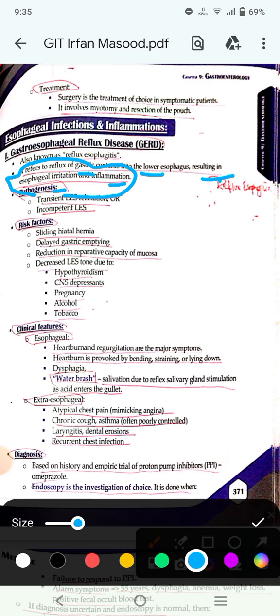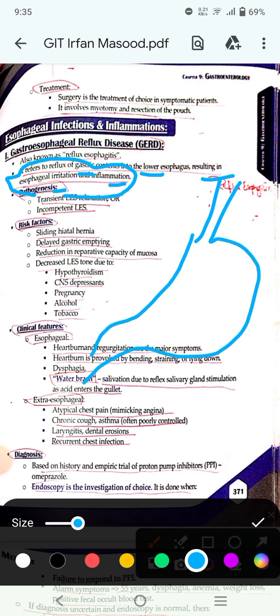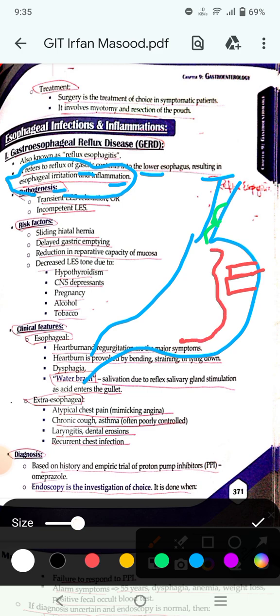Just consider that this is the lower esophagus and this is the stomach of any person. Normally, columnar epithelium is present in the stomach, but in the lower portion of the esophagus there is stratified squamous epithelium. If we talk about the color of the mucosa, it is somewhat reddish or brownish in the stomach, but somewhat whitish in the lower portion of the esophagus.